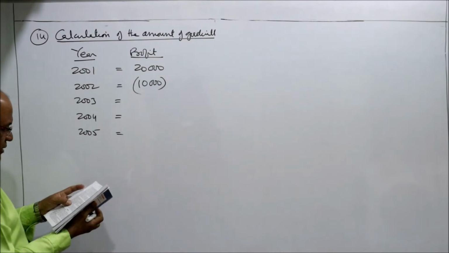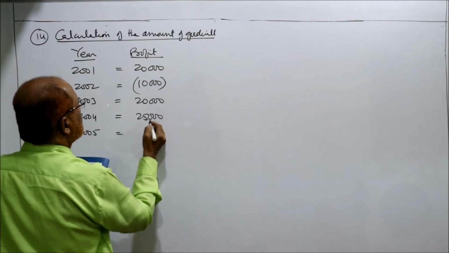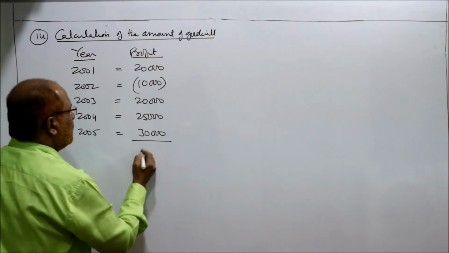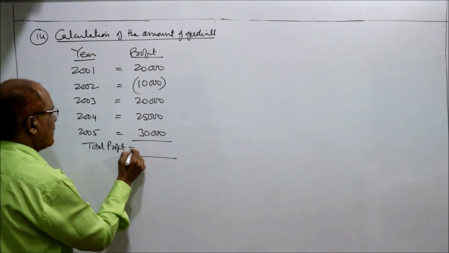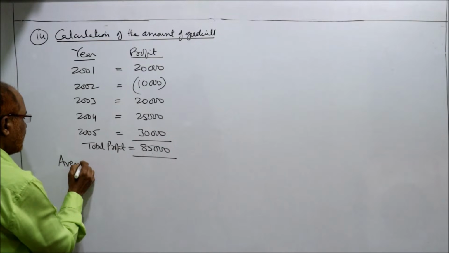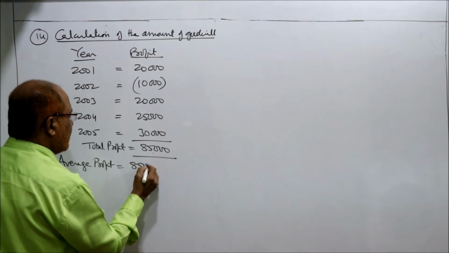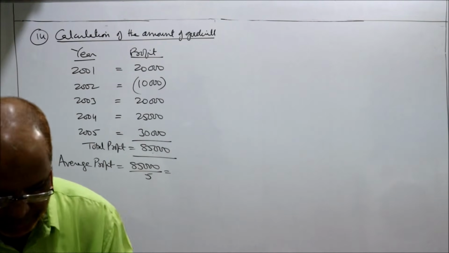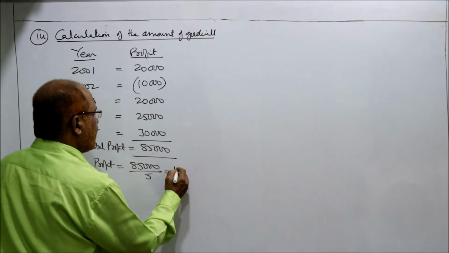Then 2003 there's a profit of 20,000, 25,000 and 30,000. The total profit is equal to 85,000. Average profit is equal to 85,000 divided by 5, which is 17,000.